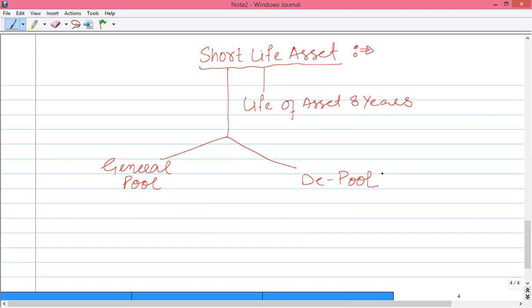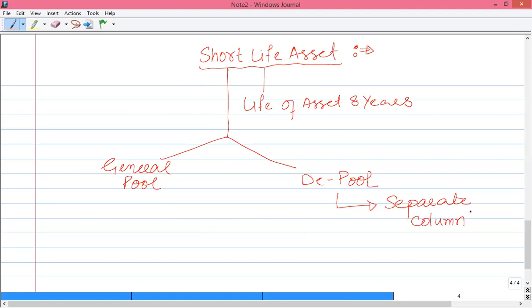You can de-pool that asset. What does it mean? De-pooling means that for a short life asset, you can make a separate column, as we did for the private use asset. Remember that for a short life election, the life or the benefit will be within 8 years.